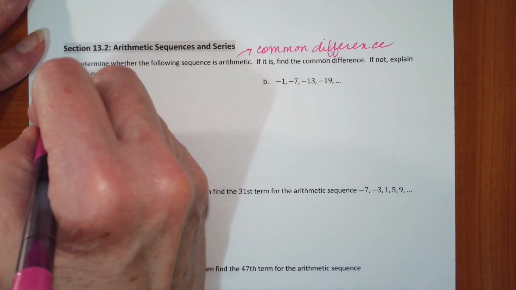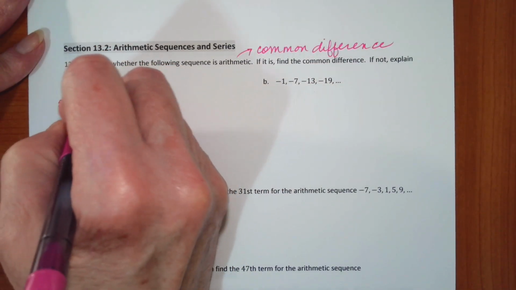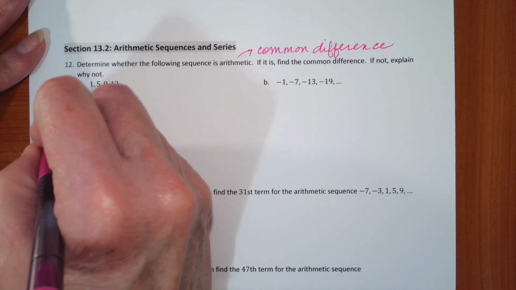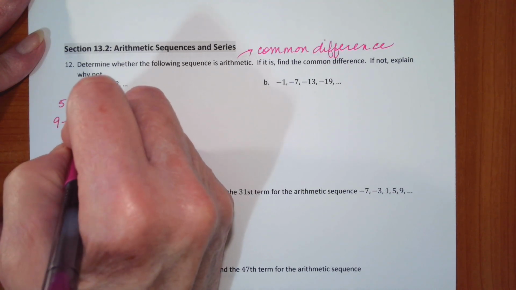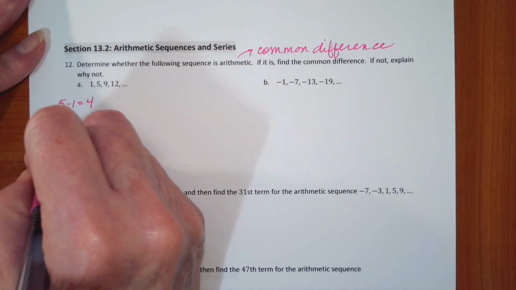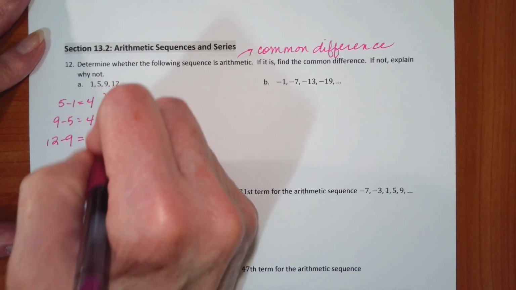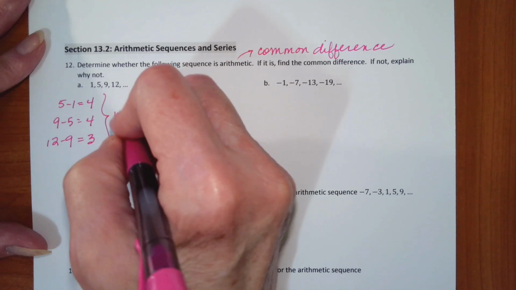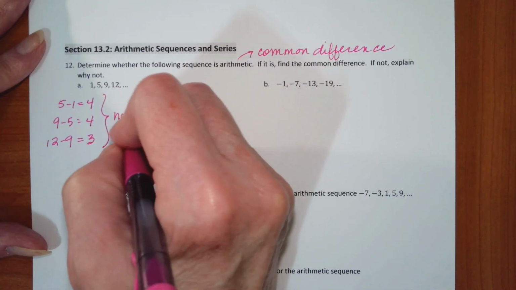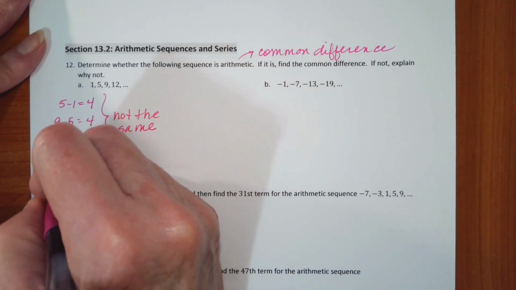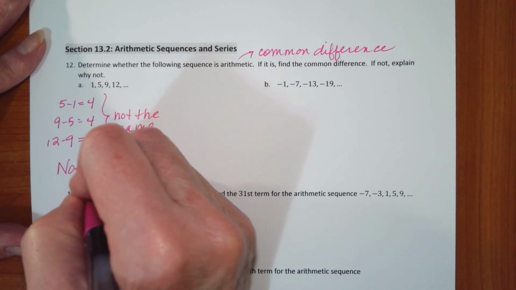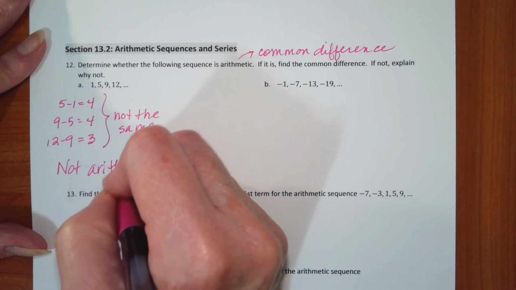I start with 5 minus 1 equals 4, 9 minus 5 equals 4, and 12 minus 9 equals 3. These are all not the same. So this is not arithmetic.